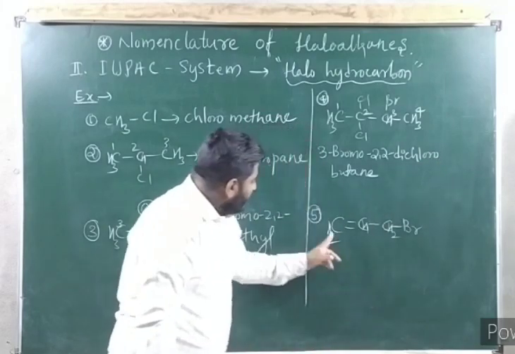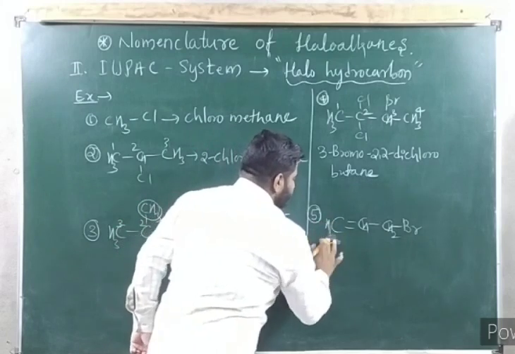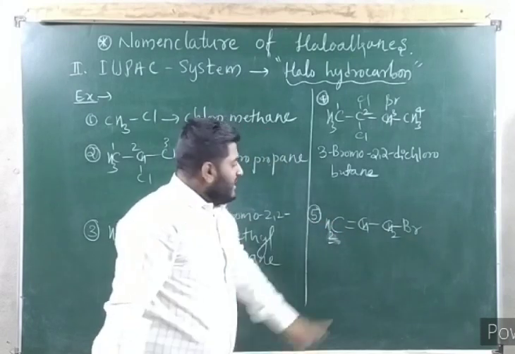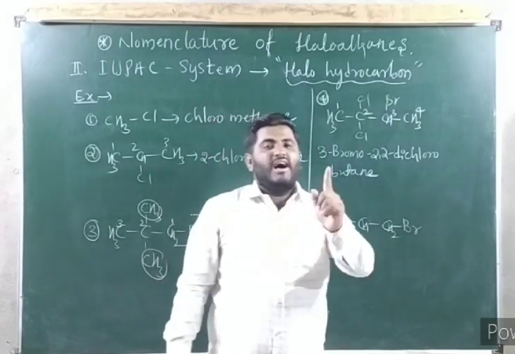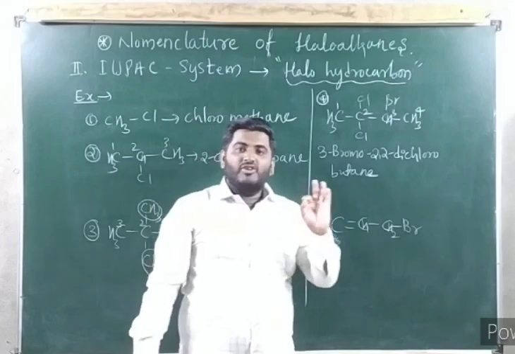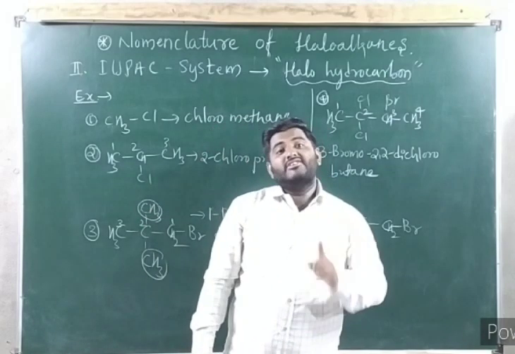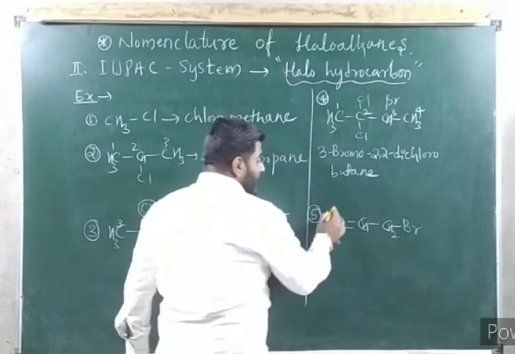So what about this case? Now carefully see, I have taken here a double bond compound, means an alkene. Now left side you are having alkene, right side you are having bromine. Which will get highest priority? You know that lowest locant rule? Functional group priority: always alkene comes first, then halogen comes. Correct or not? So always you have to write like this. 1, 2, 3.